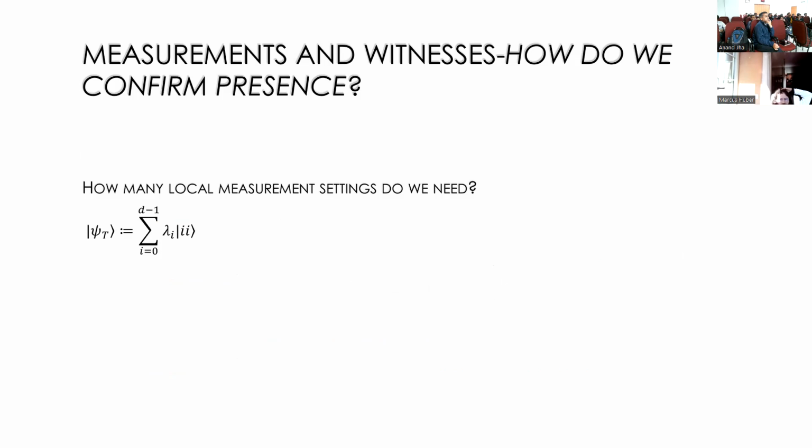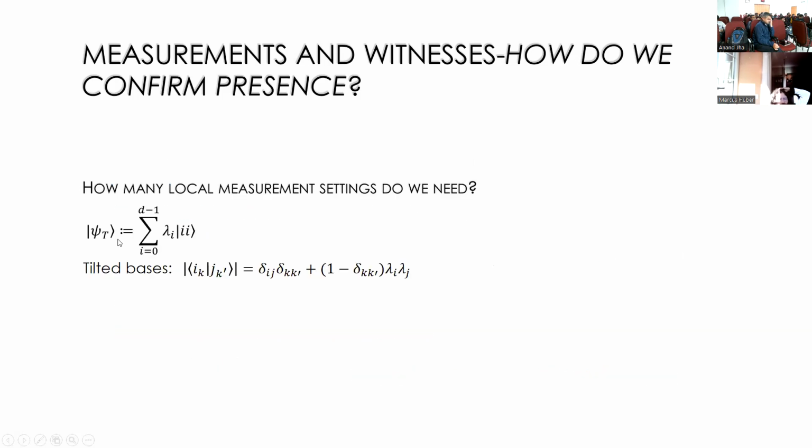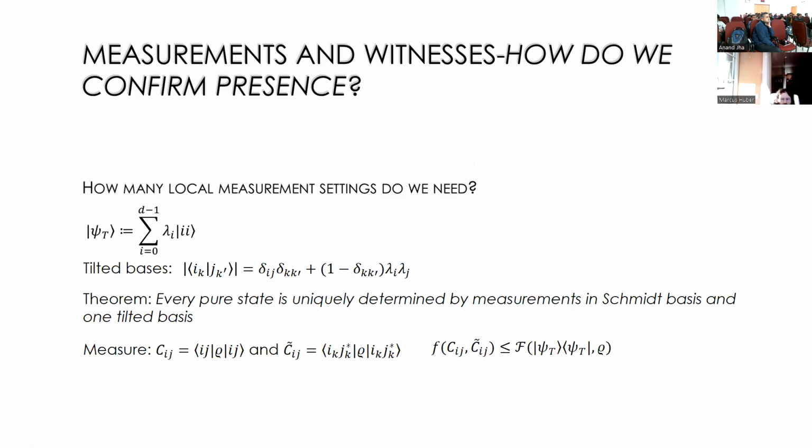And we later thought we can generalize this for every pure state, because this was for the maximally entangled state and it relied on the symmetry. But for every pure state, we were able to generalize a theorem to prove that every pure state is uniquely determined by these two measurements, or by a measurement in the Schmidt basis and one tilted basis, i.e. a basis that looks almost unbiased, but has a bit of a different overlap matrix.